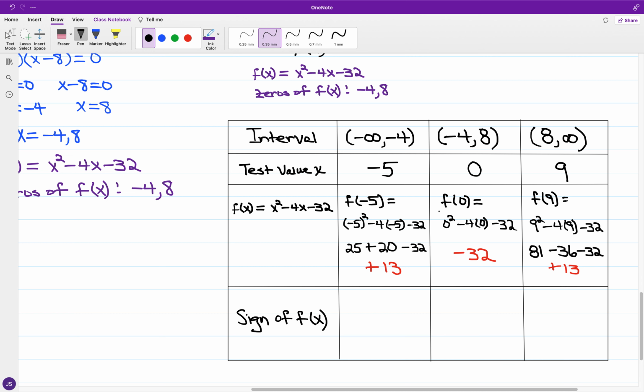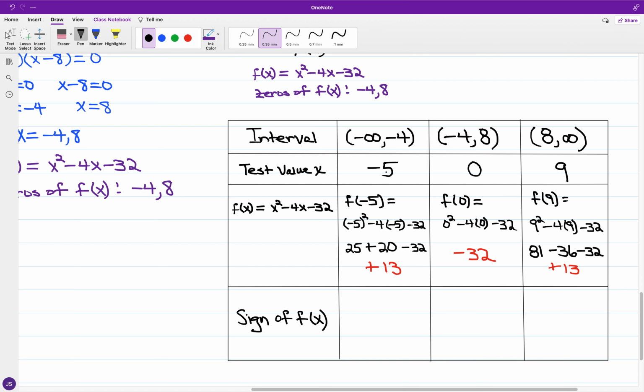So -5 is to the left of -4, and 0 is between -4 and 8, and between 8 and infinity, 9 is one among many values. They'll be to the right of 8.